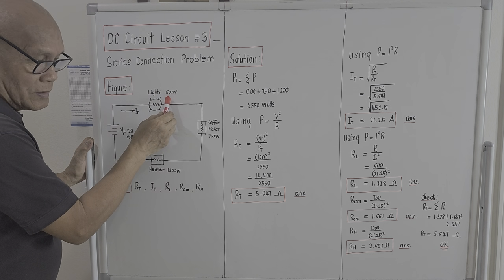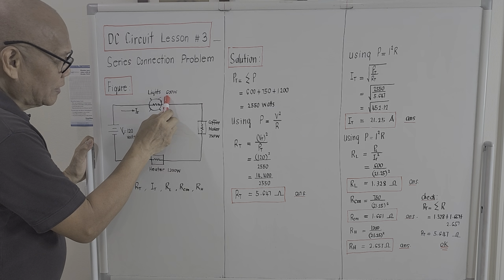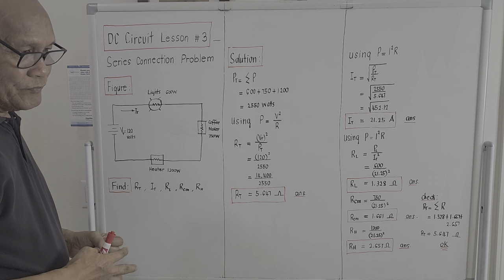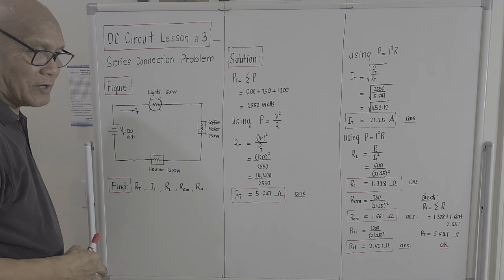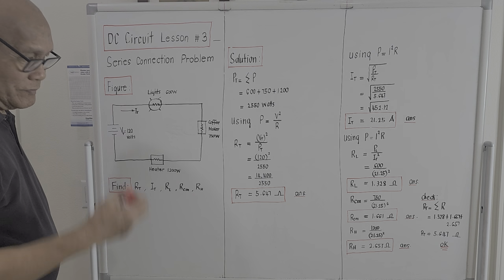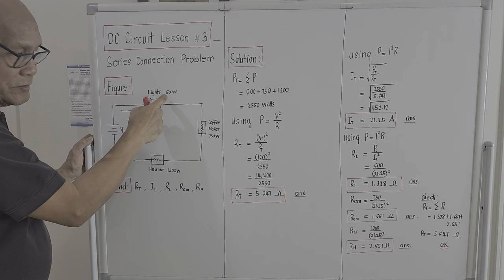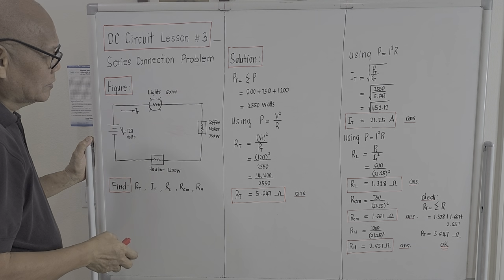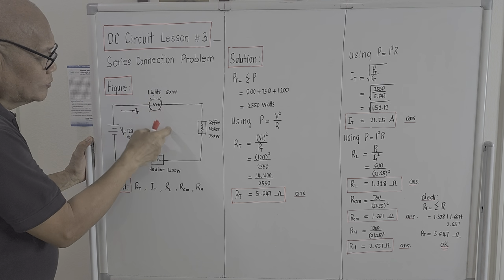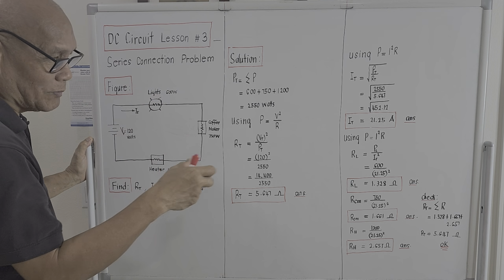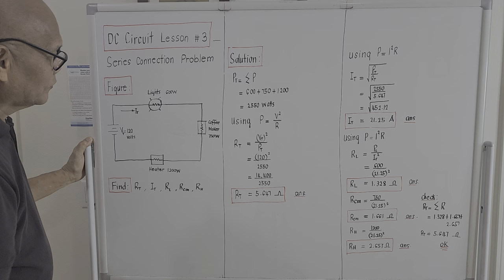The total wattage of the lighting loads is 600 watts, meaning it could be 10 light bulbs maybe, in which the rating is 60 watts, so the total wattage is 600 watts. Lighting load 600 watts, direct current.